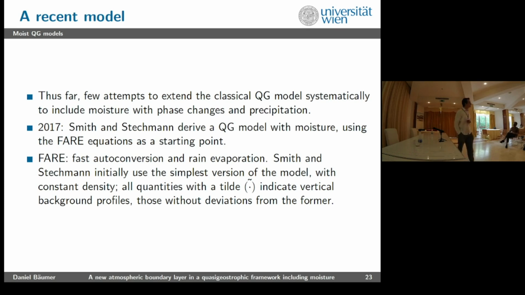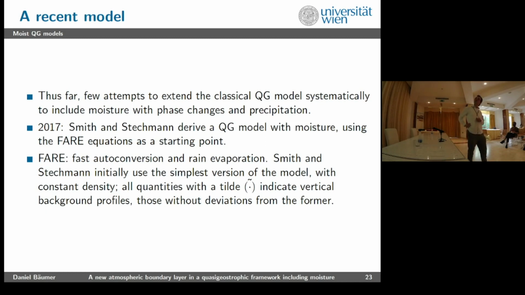So FAIR stands for fast autoconversion and rain evaporation, which vastly simplifies the dynamical picture as far as the evolution of the moisture quantities is concerned, because in this case we can actually restrict ourselves to just one equation for one moisture quantity, which would normally be the mixing ratio of water vapor, that's what it's called.